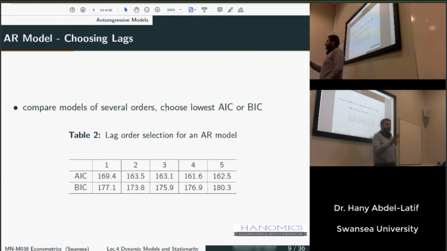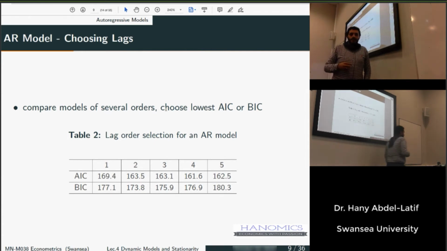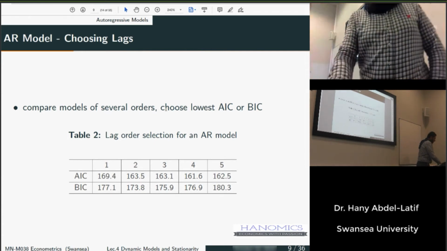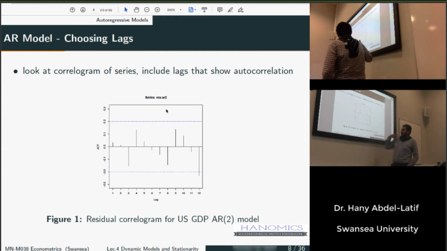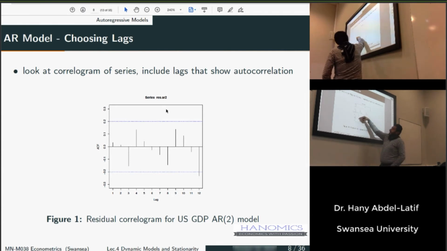But let's say the first step is to check these information criteria, and then you choose the number of lags that gives you the minimum value for these criteria. Some people would look at the correlogram of the residuals from the estimated model and see whether these bars go above these borders. You remember from last time, each one of these represents one of the lags.